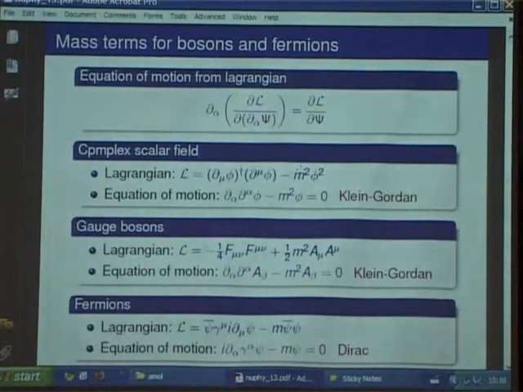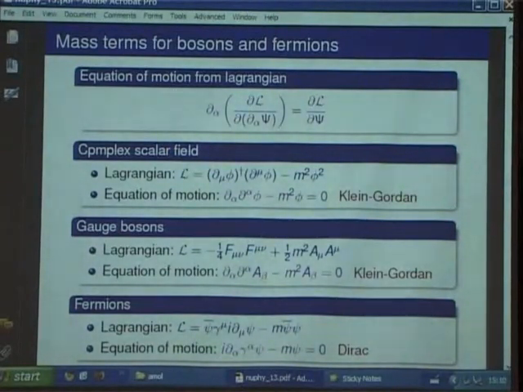Then there are gauge bosons. Gauge bosons are B or W, generically A_μ. For them the kinetic term looks different. It's minus 1/4 F_μν F^μν. It's not the same as ∂_μ phi star ∂^μ phi. Although these are also bosons, the kinetic term looks like this.